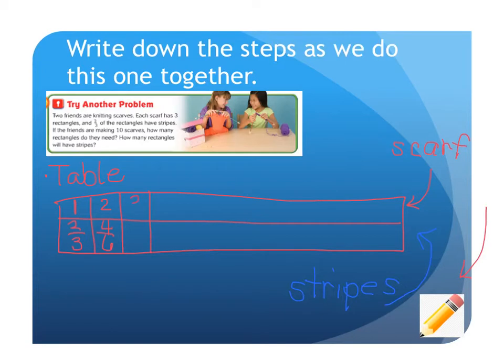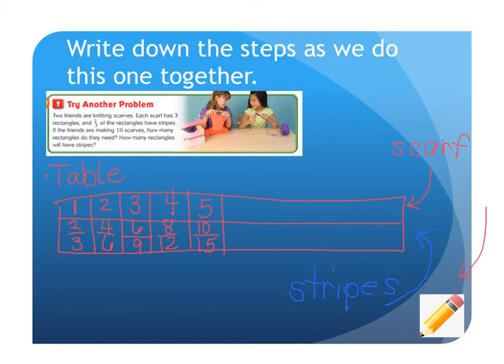If they make 3 scarves, then 6 out of 9 will be striped. If they make 4, then they will have 8 twelfths. If they make 5, then they will have 10 out of 15.